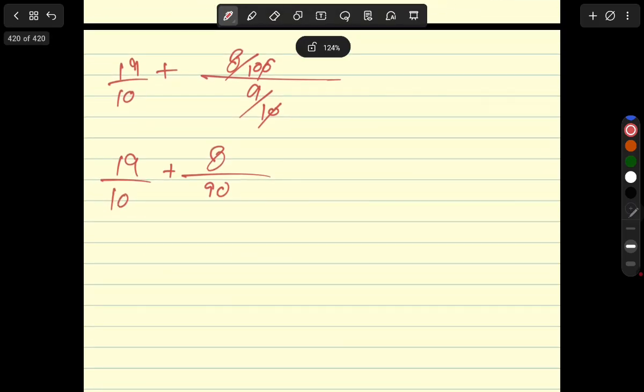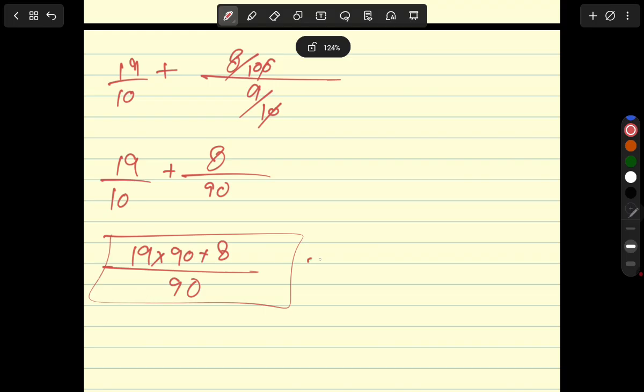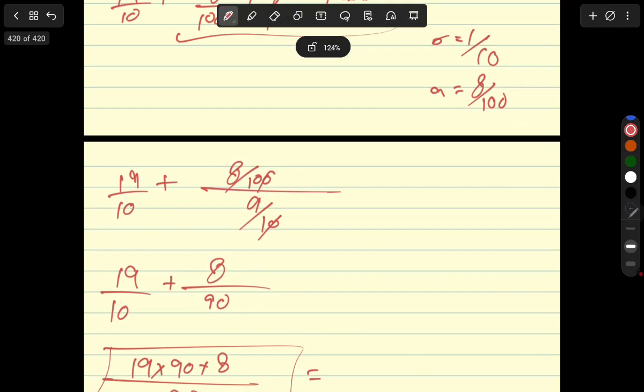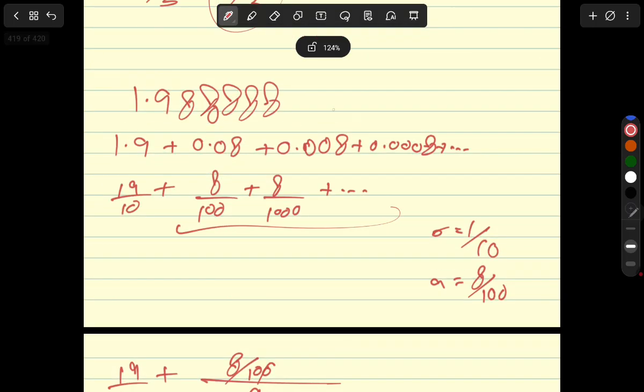Now you multiply it. So this becomes (19 times 90 plus 8) upon 90. So this is going to give you the exact fraction for the recurring decimal 1.9888. Okay, so this is how you do it. Now, this is all concepts of conversions.